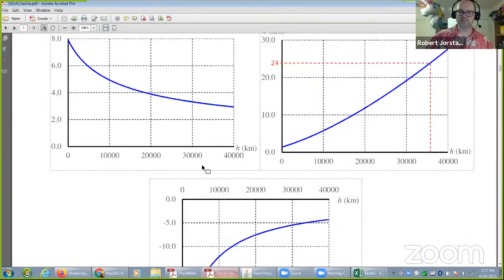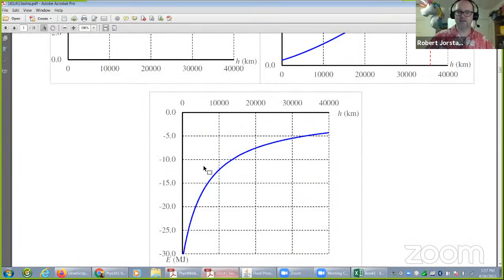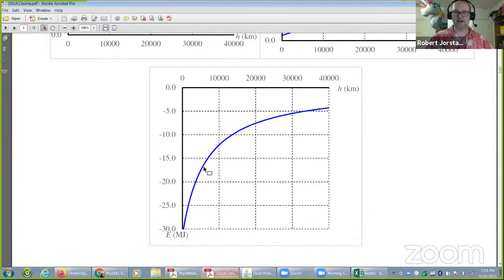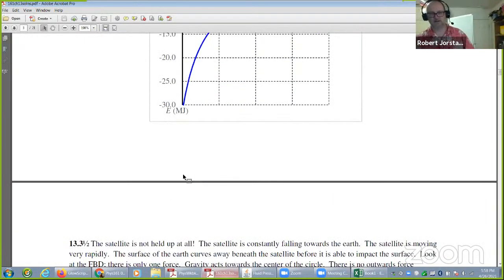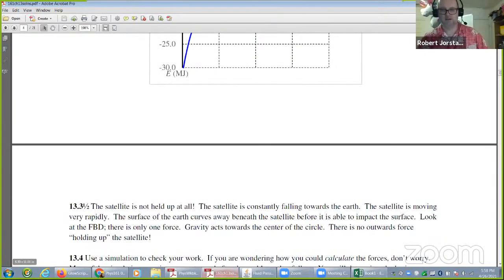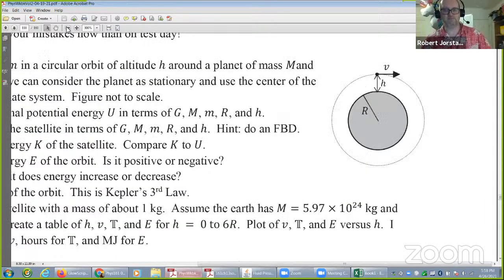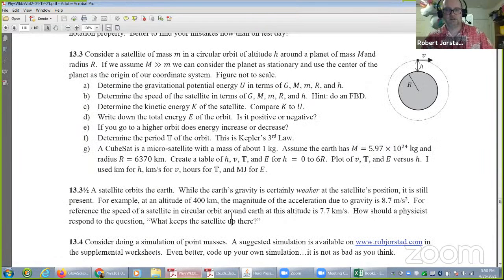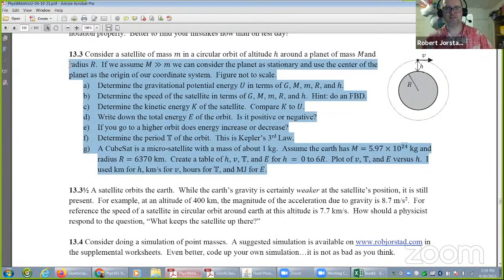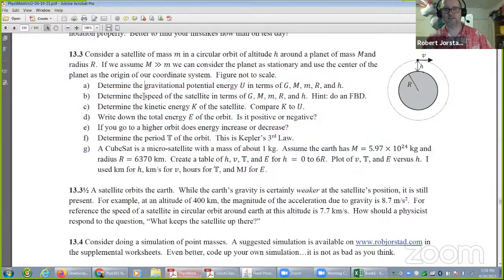And hopefully you can see if you get the same kind of stuff I do. It forces you to check your minus signs and your units. All right. So please actually make these plots. You learn something.